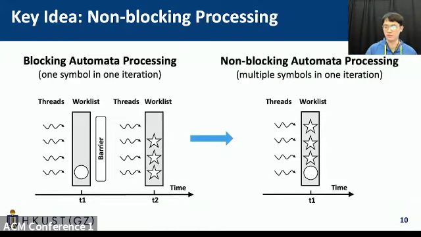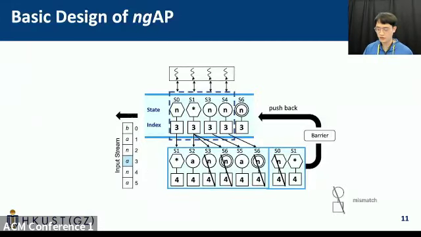Then the synchronization between the symbols doesn't exist, making the whole process non-blocking. The non-blocking processing can leverage the parallelism across different symbols in the input streams, and it will make the matching process more efficient. So we propose NGAP to implement this non-blocking automata processing.